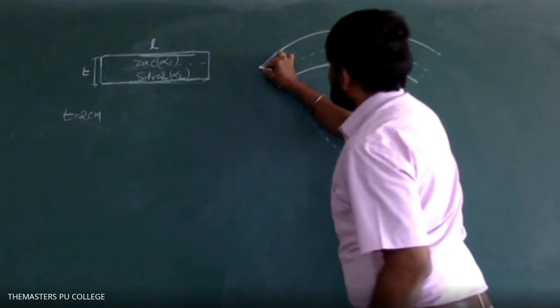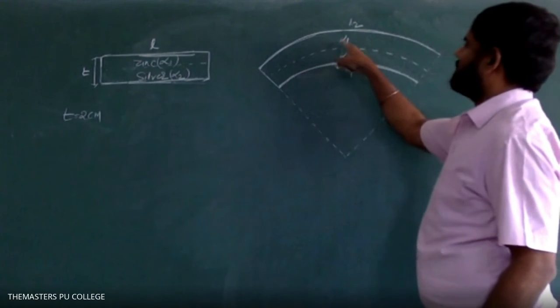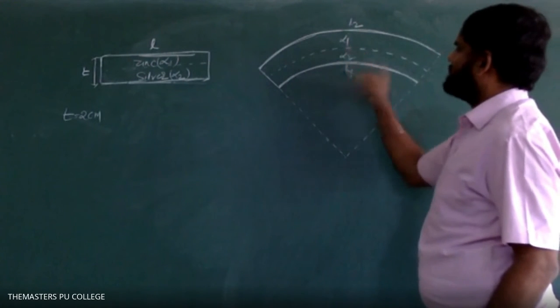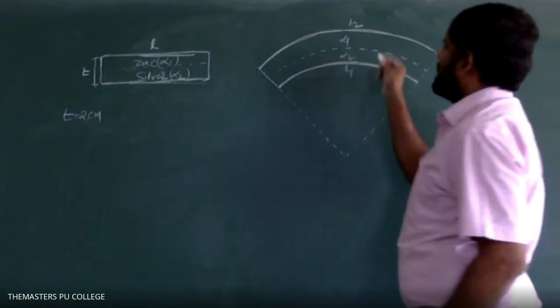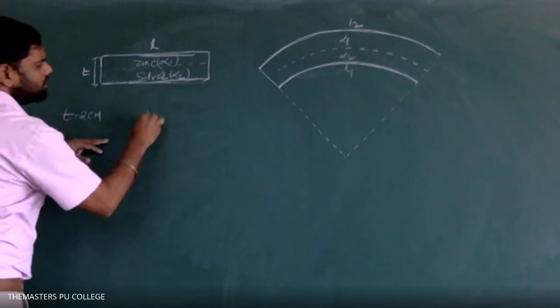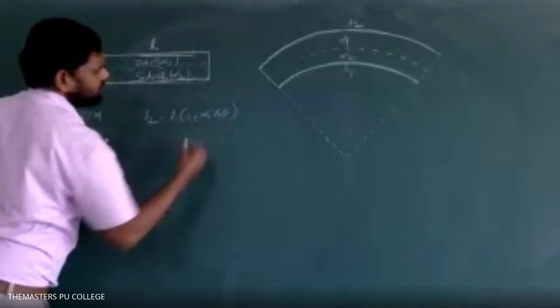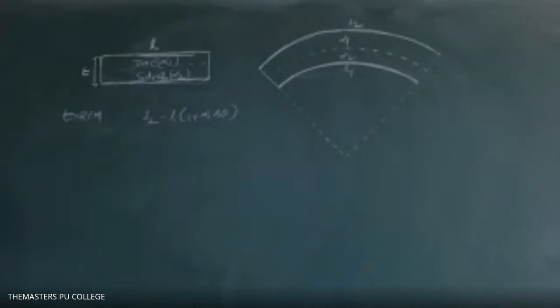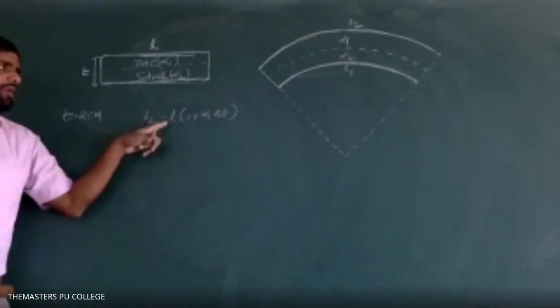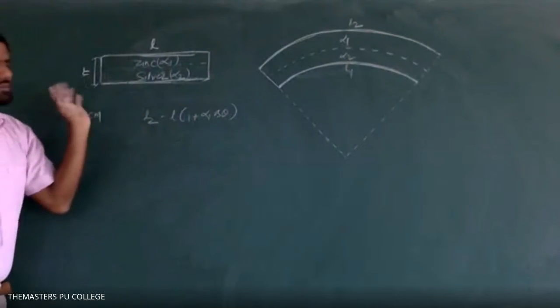This L2 is the final length of the first strip whose linear coefficient of expansion is alpha 1. L2 is equal to L into 1 plus alpha 1 into delta theta. Can I write like this? Final length equals initial length into 1 plus alpha delta theta.